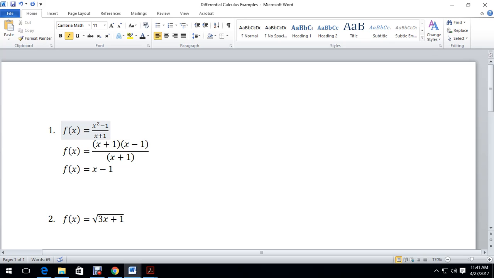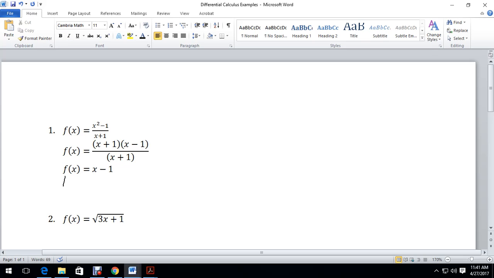Also, originally, in our form of the function, we cannot actually assign negative 1 in the original function, since that would result into an undefined form. But since we modified a bit the original function into x minus 1, then we can now assign actually negative 1 in our x. Doing that, negative 1 minus negative 1, or negative 1 minus 1, is equal to negative 2, and that is a valid value for f of x.